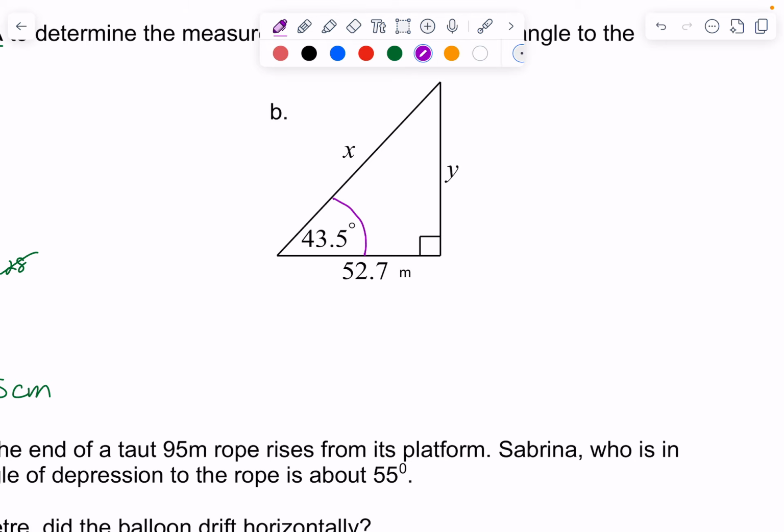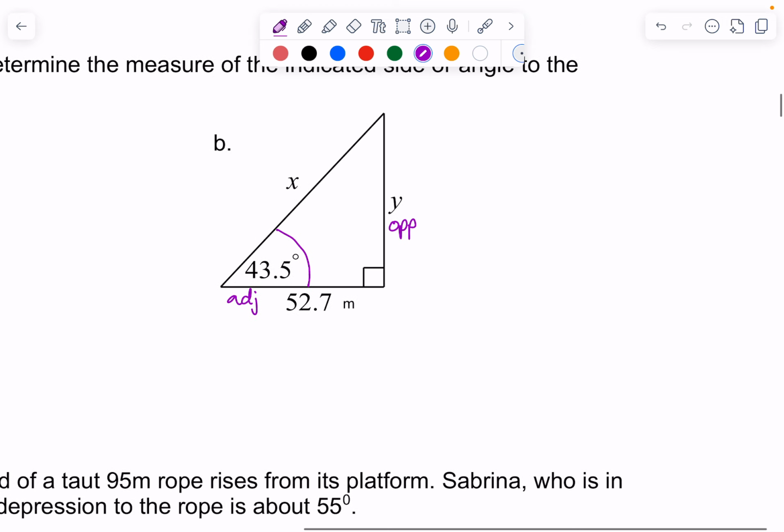That 52.7, relative to my given angle, would make this my adjacent side length, and this y, being opposite, would be my opposite. So which ratio uses adjacent and opposite? That would be the tan ratio. So tan of some angle would be the ratio of opposite over adjacent.